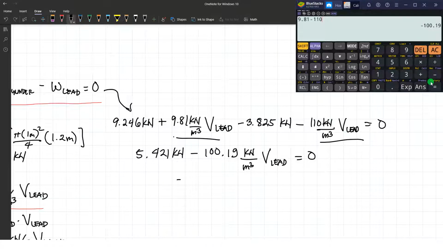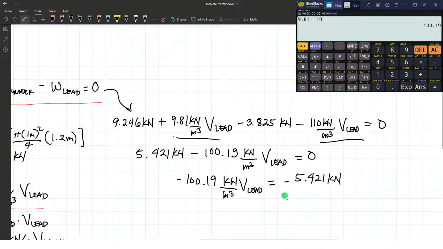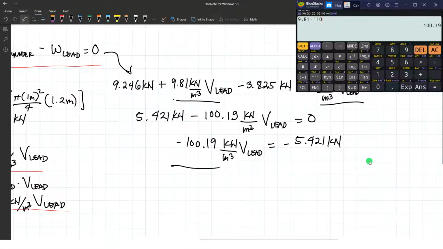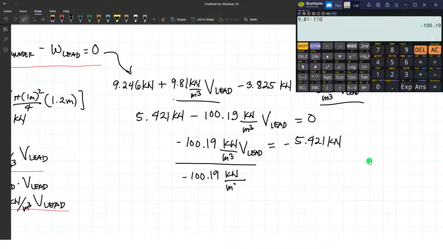So I'll take this term here on the right hand side of the equation. We have negative 100.19 kilonewtons per cubic meter multiplied by volume of lead equals to negative 5.421 kilonewtons. So divide both sides by negative 100.19 kilonewtons per cubic meter.